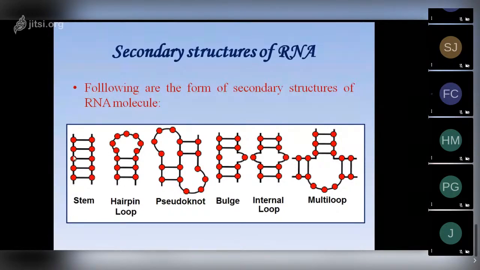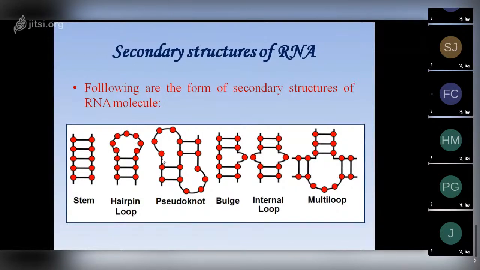If one RNA chain is going from here and the other from here, the nitrogenous bases can form hydrogen bonds amongst them to form a stem-like structure. And if a single molecule of RNA forms the stem structure, and in between there is no base pairing, they can form a bulge like this. This is the hairpin loop structure.